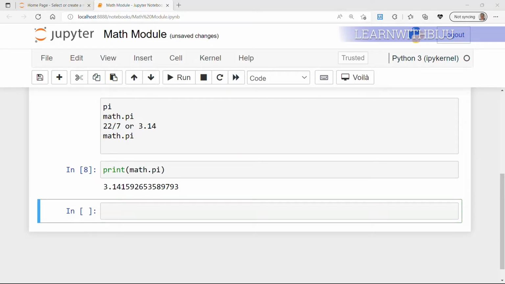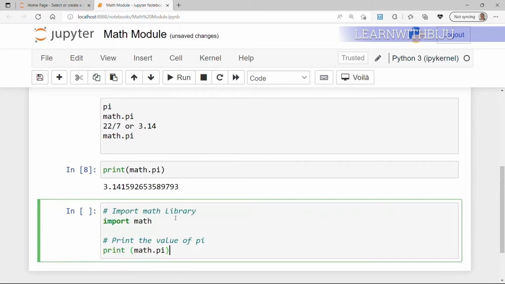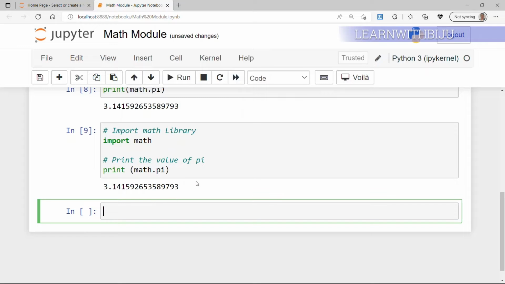If you write a program to print pi, you can write it like this. First of all, you need to import the math library, import math, then print pi. Cool. That is the math module. That is pi.